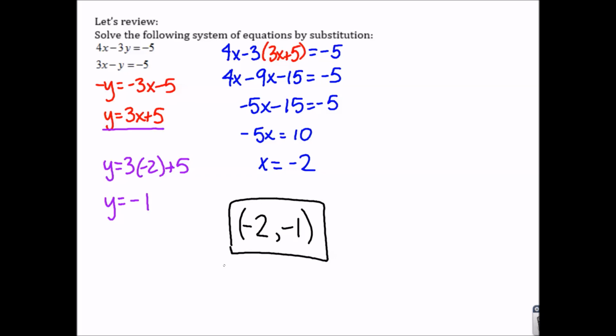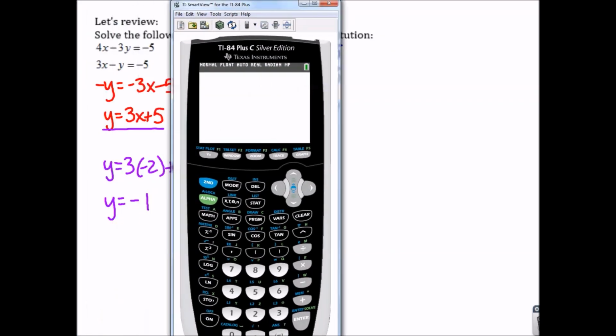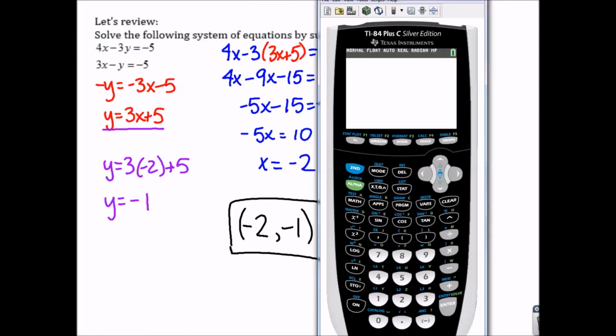And then there are several ways you can check your answers. You can either solve both equations for y, graph them and see where the lines intersect, or you can just plug -2 and -1 back in for x and y and make sure they work in both equations. So let's do that to check. I'm going to store -2 for x and store -1 for y.